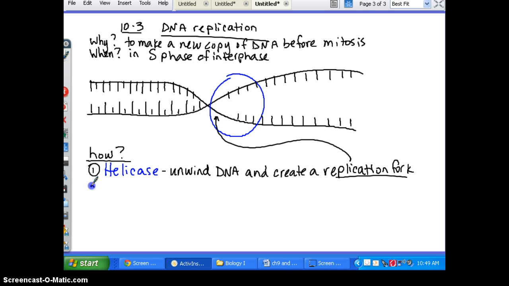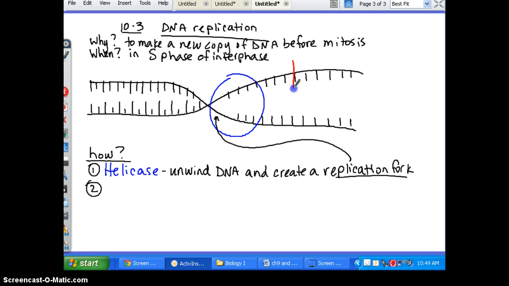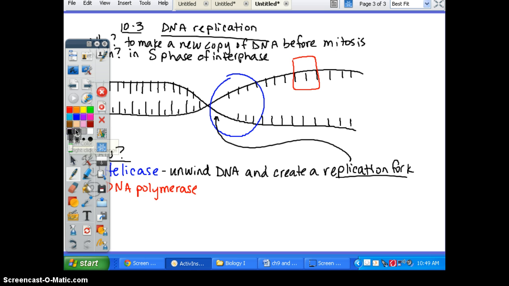Okay, step 2 is going to have another enzyme come in, and this other enzyme is called DNA polymerase. And so we're going to show that up here. And DNA polymerase is going to come in and add new bases.